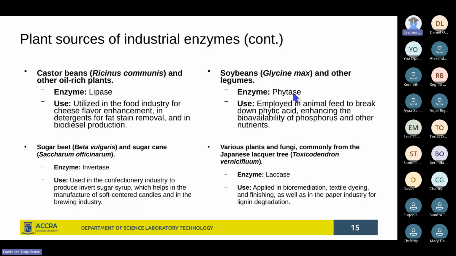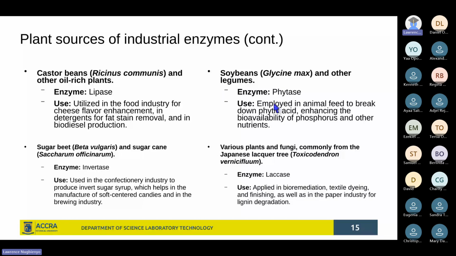You see another one, phytase, in soybeans, which is used in enhancing what is referred to as bioavailability of phosphorus and other nutrients, because the plant is known to be involved in nitrogen and phosphorus fixation and uptake from the soil.